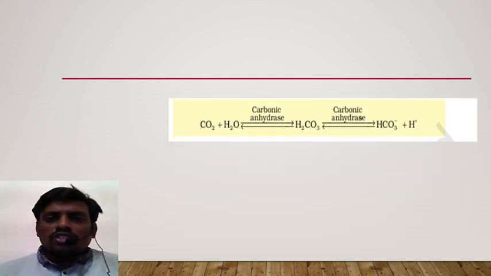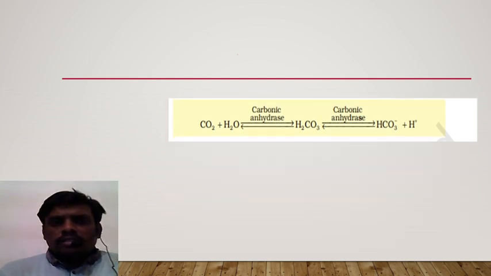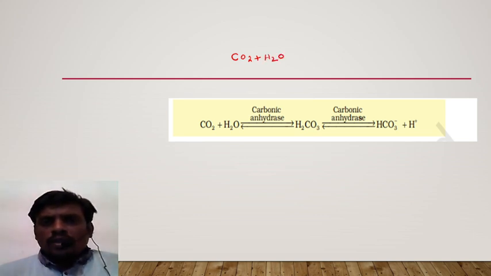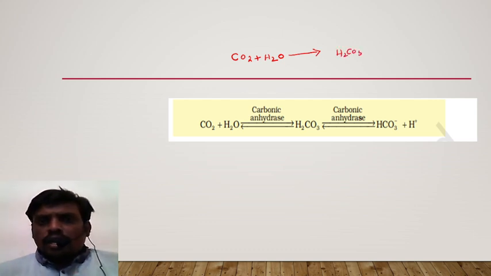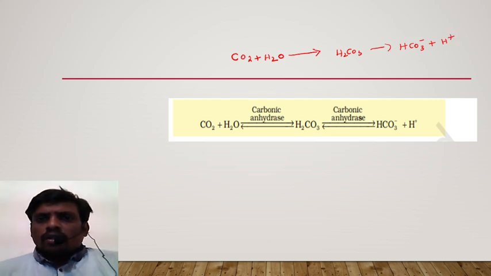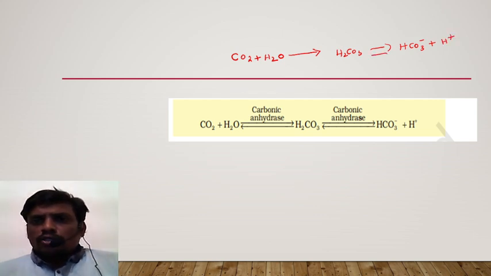We have an equation for that. Here in this diagram, CO2 combines with H2O and gives H2CO3, which breaks down into HCO3 minus and H plus ions. It will occur in the reverse direction also.